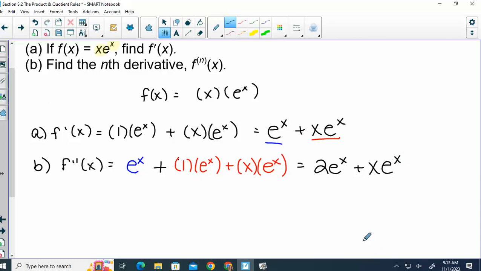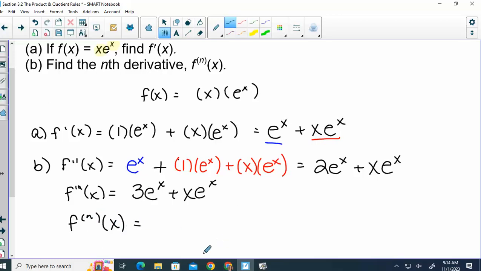You guys see a pattern yet? So what do you think the third derivative would be? So the nth derivative, basically a shortcut for the 5th, 7th, 10th, whatever number I gave you, is just n times e to the x plus x e to the x.